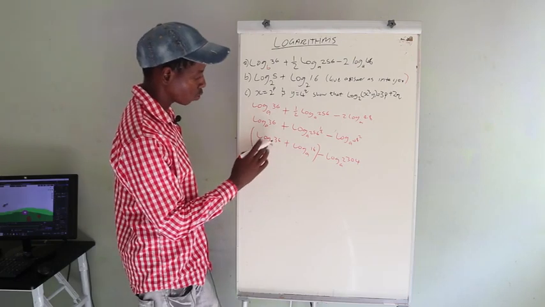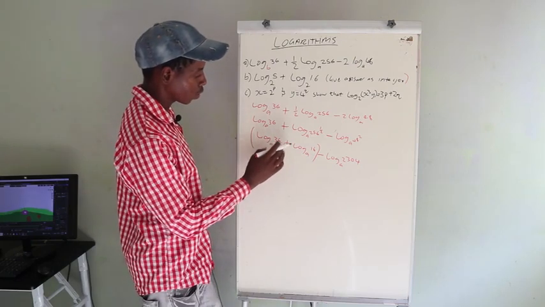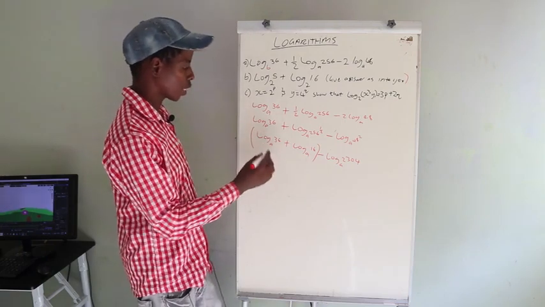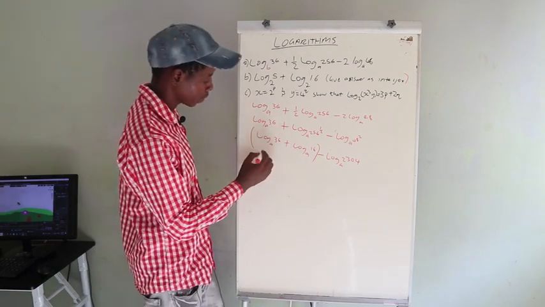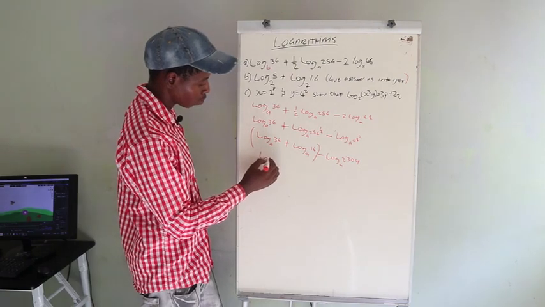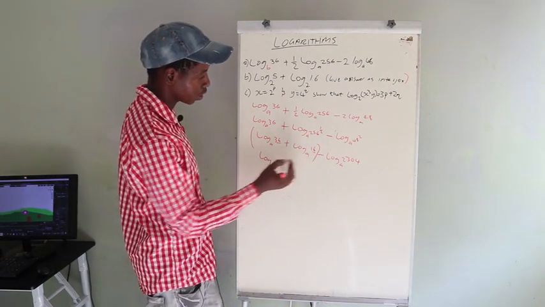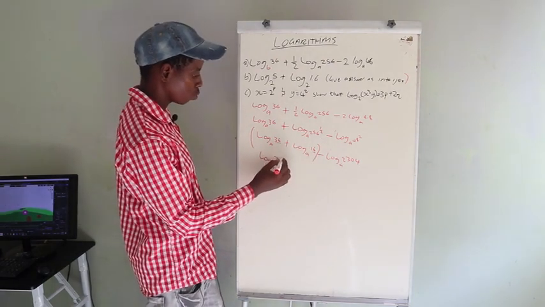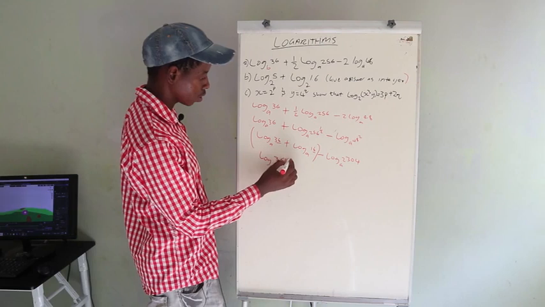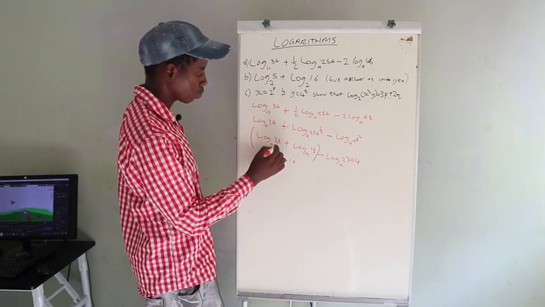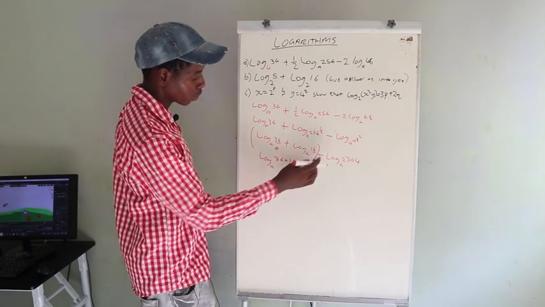We know that when we have addition in the logarithm, we are going to multiply, right? So we write log_a, and then we take this 36 and 16 and multiply them. It's going to be 36 times 16. This is this part.